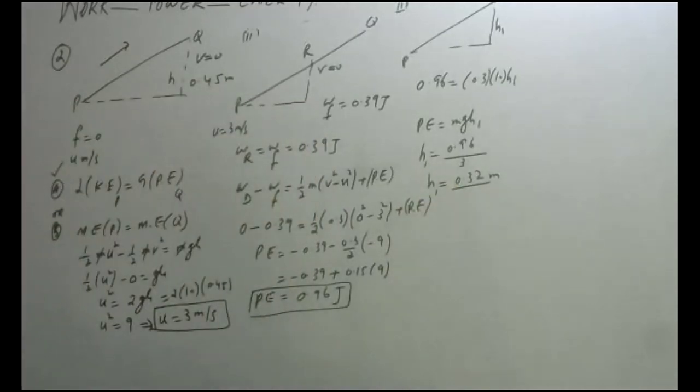So this is the complete solution of this problem, where first we calculate the speed with which it passes the point P, using either the loss in kinetic energy and gain in potential energy, or mechanical energy at P equal to mechanical energy at Q. Second part, there is a frictional force, so when the work done by the frictional force is given as 0.39 joules, we can use this equation.